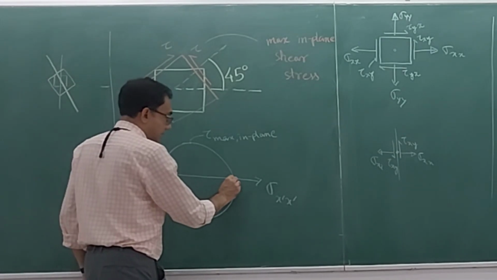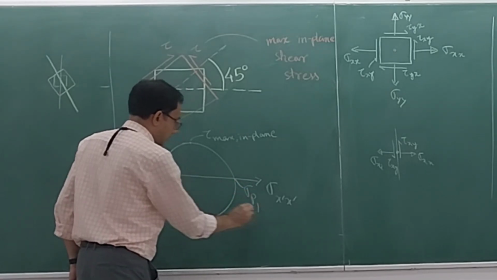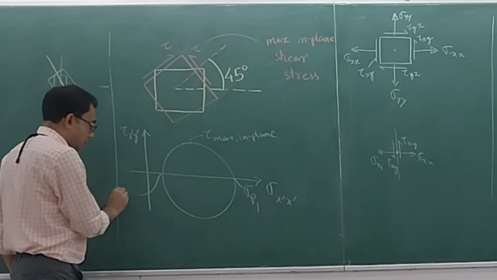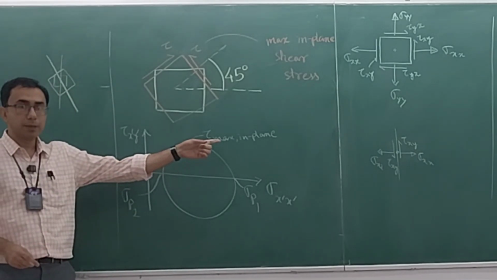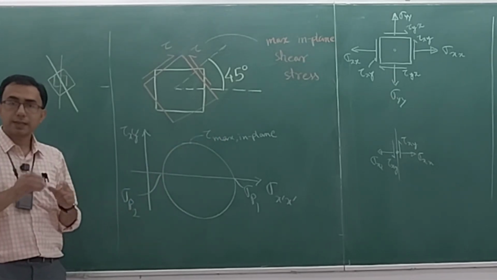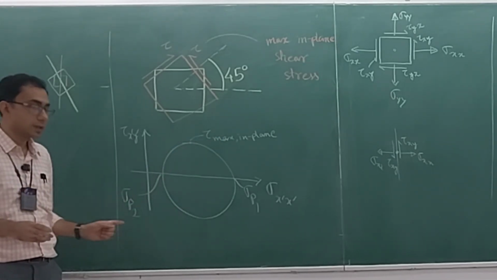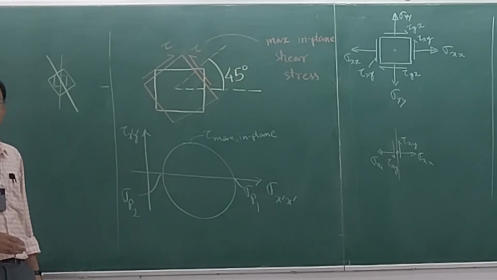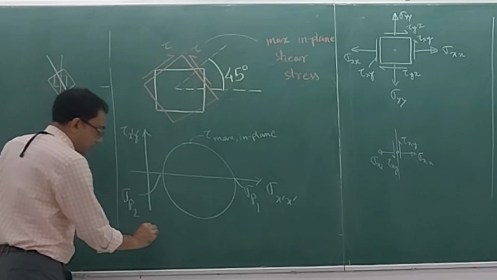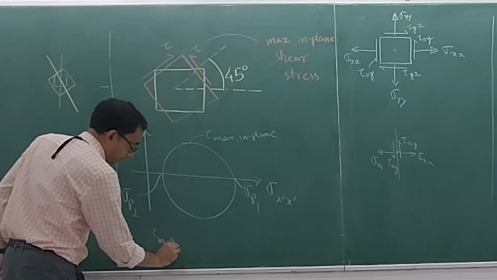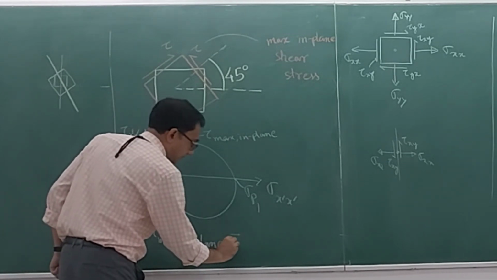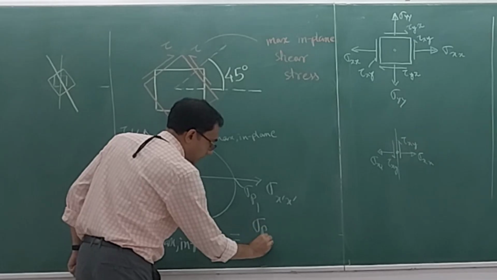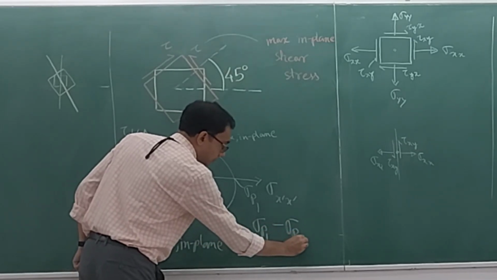You see, this is the sigma p1 and this is the sigma p2. My question is, can you write the tau max in plane is equal to something involving the sigma p1 and sigma p2? Exactly. So the tau max in plane is nothing but sigma p1 minus sigma p2 by 2.